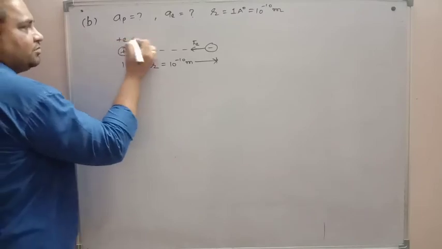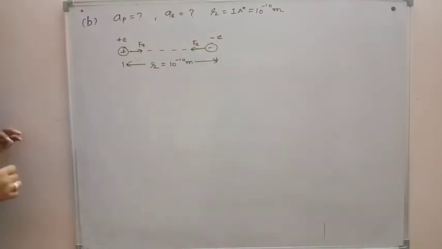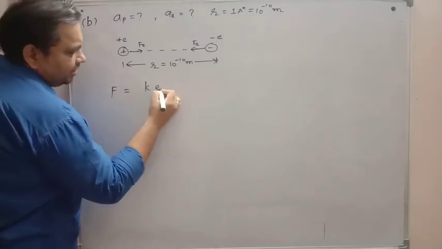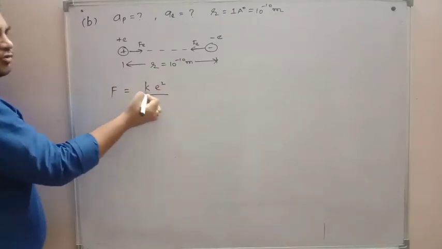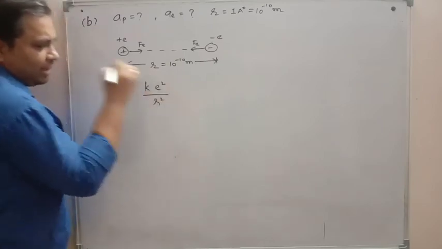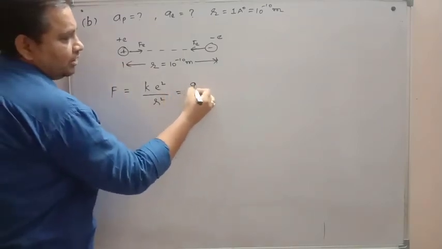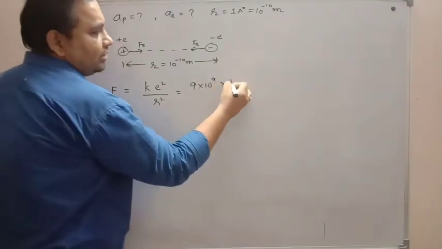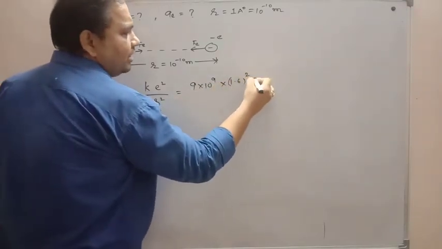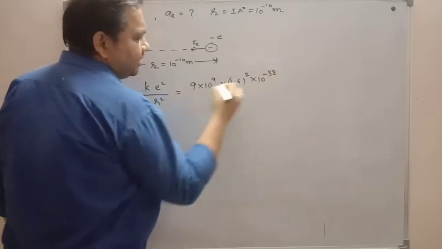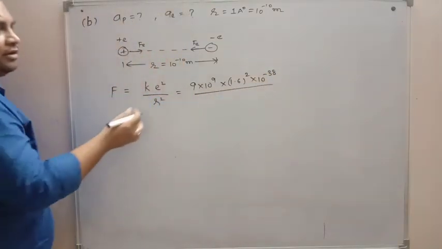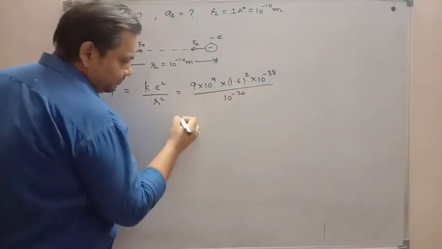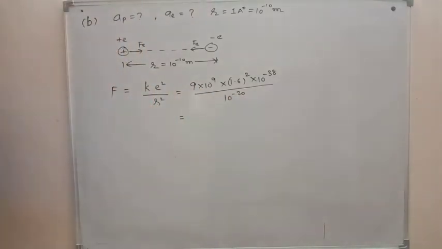Over here charge is plus e, charge is minus e. So force between them is K e square by r square. I am just writing down the magnitude, so I am not indicating negative sign. K 9 into 10 power 9, e square 1.6 square into 10 power minus 38. Distance square, distance 10 power minus 10 square is 10 power minus 20.